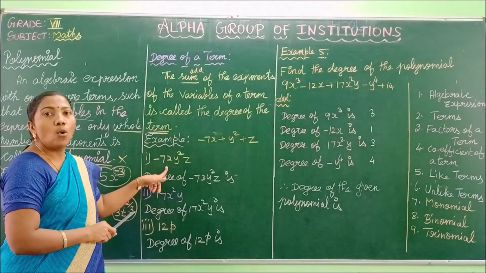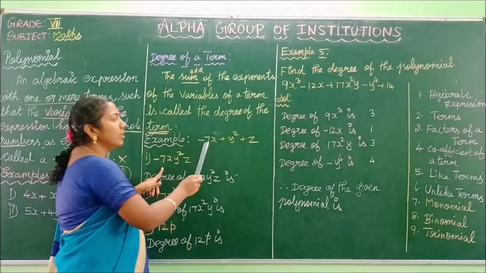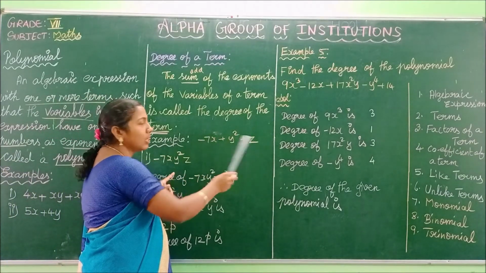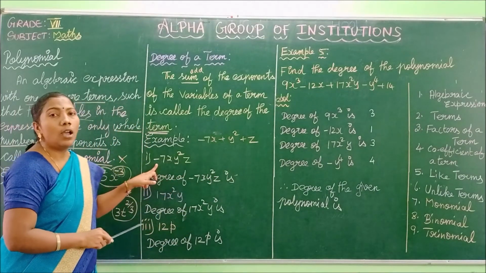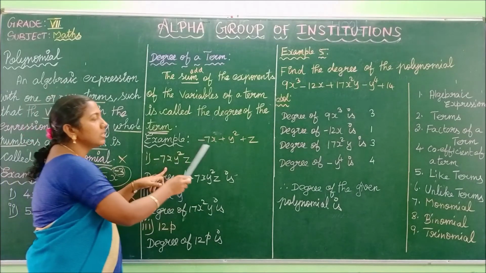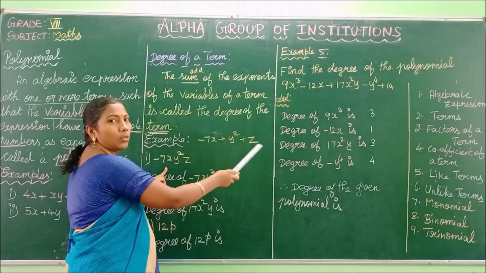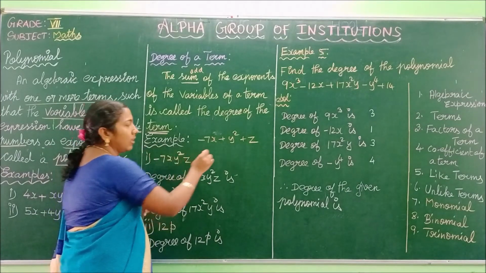Monomial, because it contains only a single term, one term. See here, this contains 3 terms. So we can call it a trinomial. Now we are going to find the degree of this term. Here this is one term, this is one term, this is one term, this is a trinomial. Now we are discussing only the degree of this term.